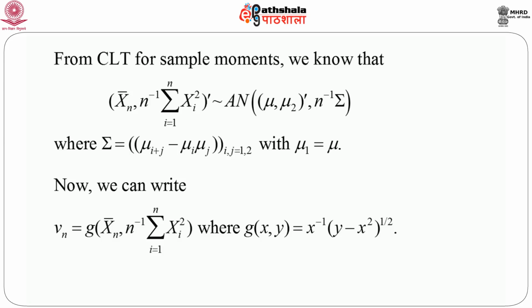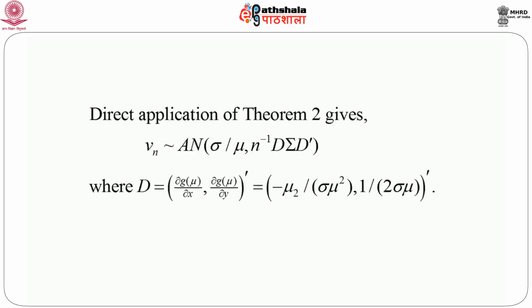Now, we can write Vn as a two variable function of Xn bar and 1 by n summation Xi square, which we call g, where g(x, y) equals x to the power minus 1 into (y minus x square) whole to the power half. By direct application of theorem 2, we have Vn follows asymptotic normal with mean sigma by mu and dispersion matrix D Sigma D prime by n.